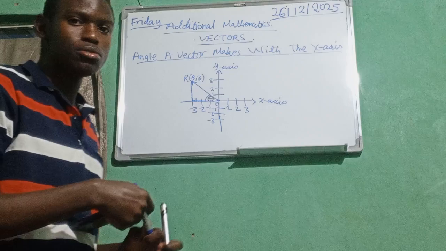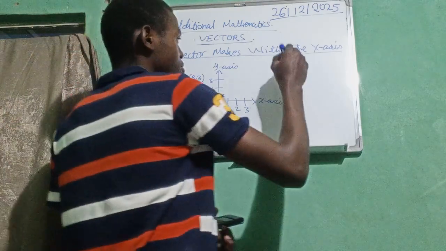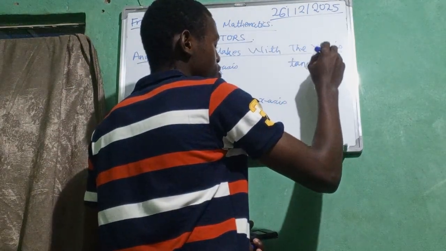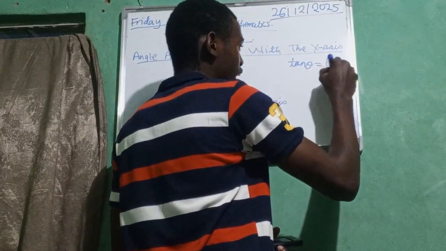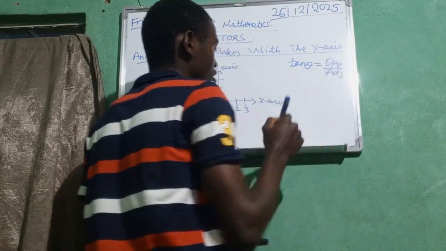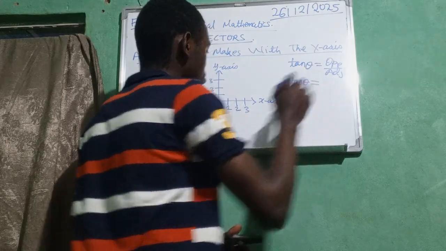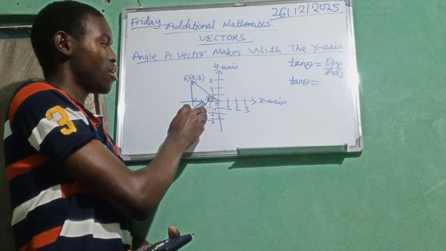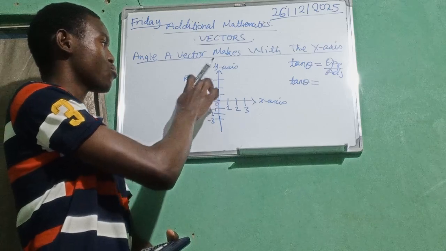And then step 2 is we use tangent of theta. So tangent of theta is equal to opposite over the adjacent side. So we are looking for this theta. The opposite side is 3 because it's 1, 2, 3.